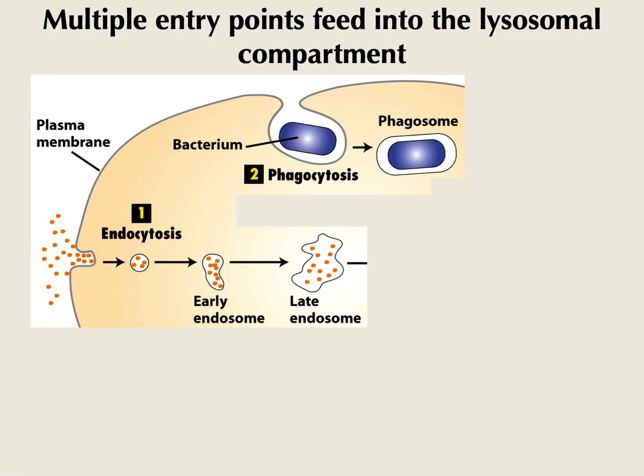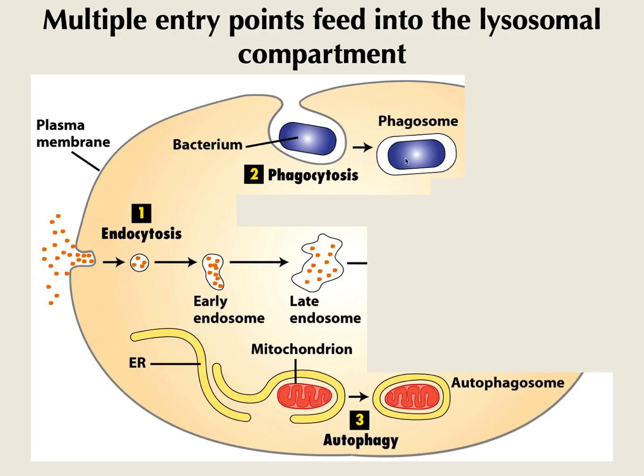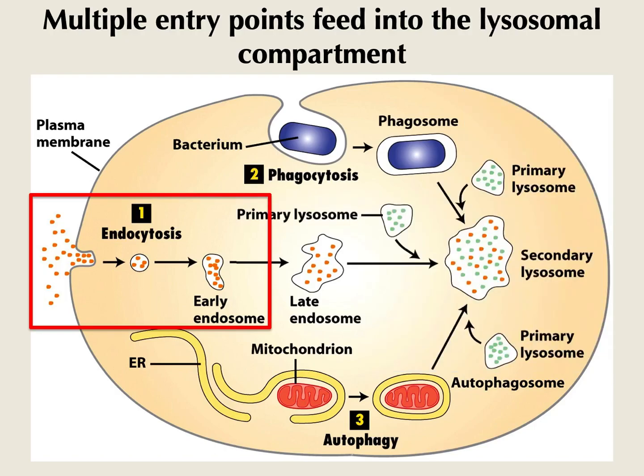And then, we're going to talk about that not today, but in a future lecture, there is this fascinating process of autophagy, whereby the cell remodels its composition in terms of organelles. So the cell is capable of digesting its own mitochondria, its own different organelles, and recycling the components. But all of these routes eventually lead to the lysosome.